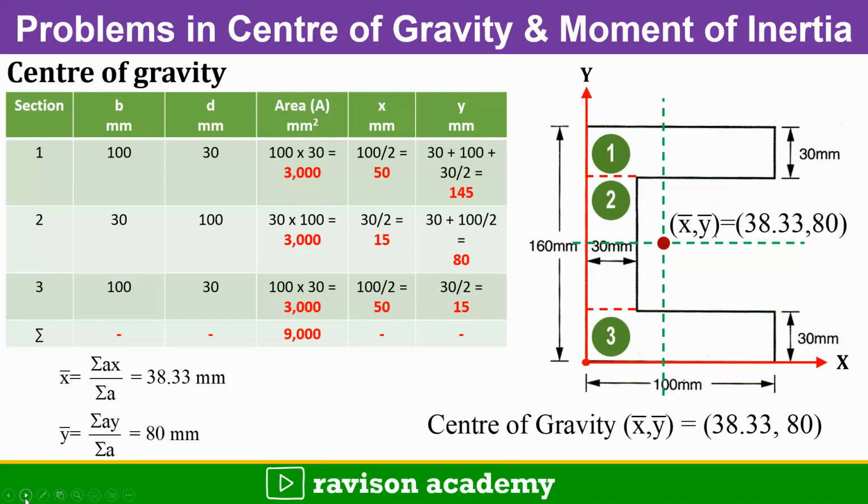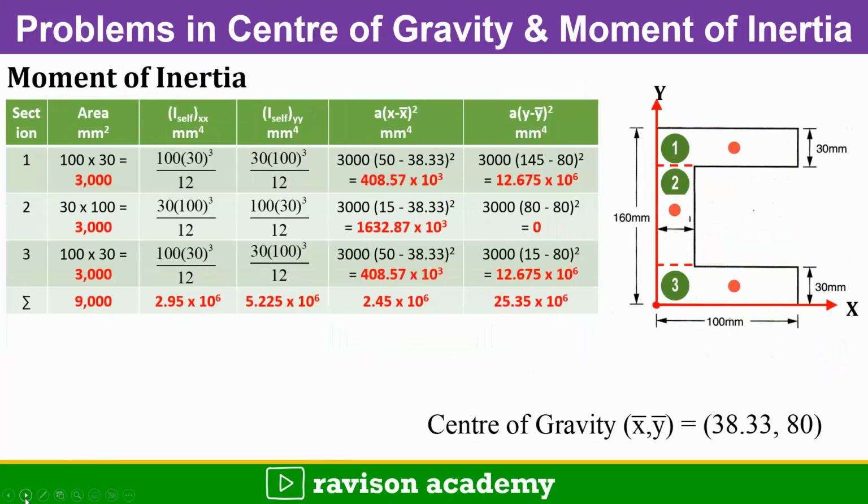Coming to the moment of inertia, we prepare a table with the area, Ixx and Iyy for sections 1, 2, 3, and a into x minus x bar the whole square and a into y minus y bar the whole square. The area we already know, and for Ixx we know the formula b d cube by 12.